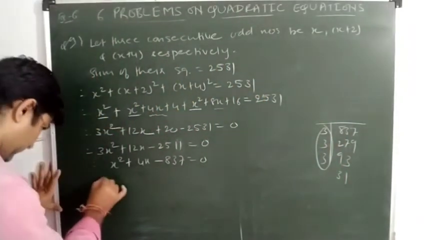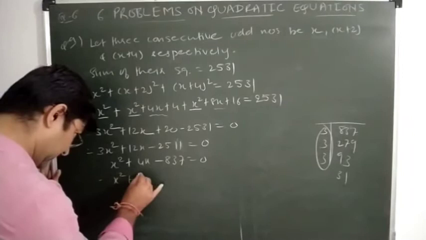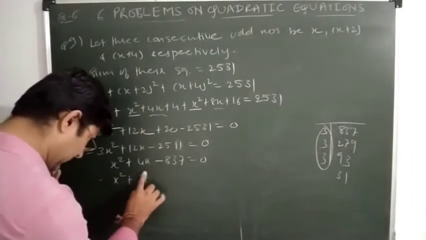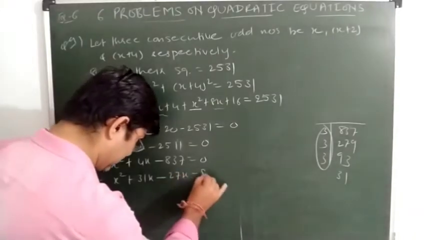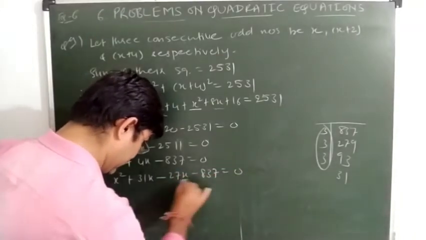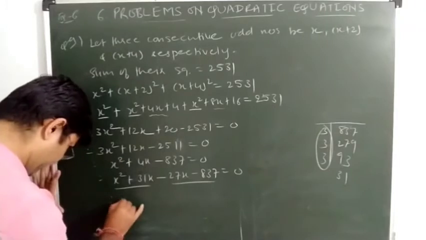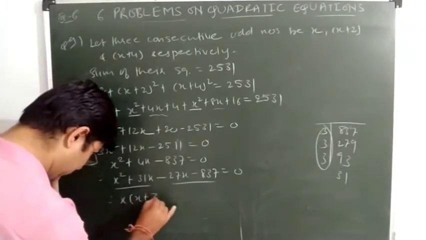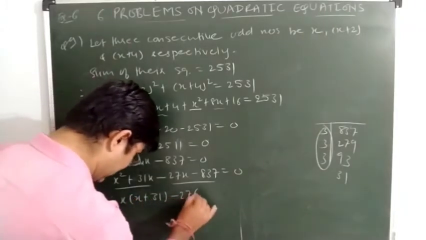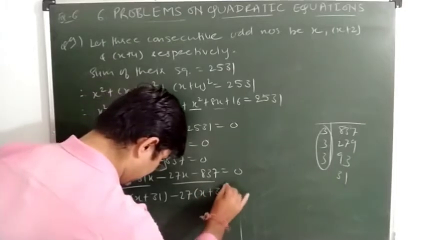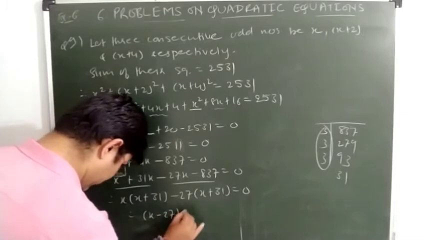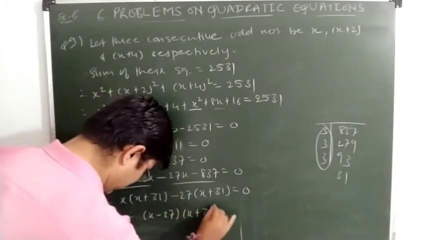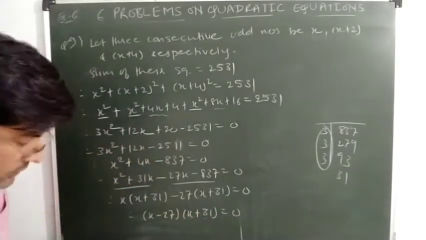Clear? So we will write x square plus 31x minus 27x minus 837 is equal to 0. Therefore x (x plus 31) minus 27 (x plus 31) equals 0. Therefore (x minus 27) into (x plus 31) equals 0.